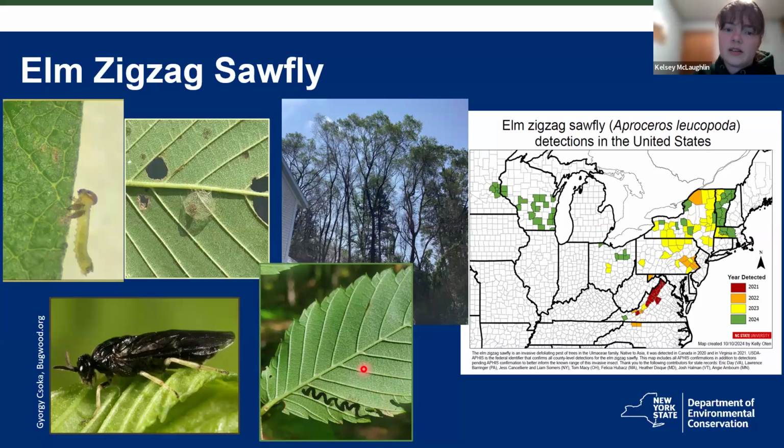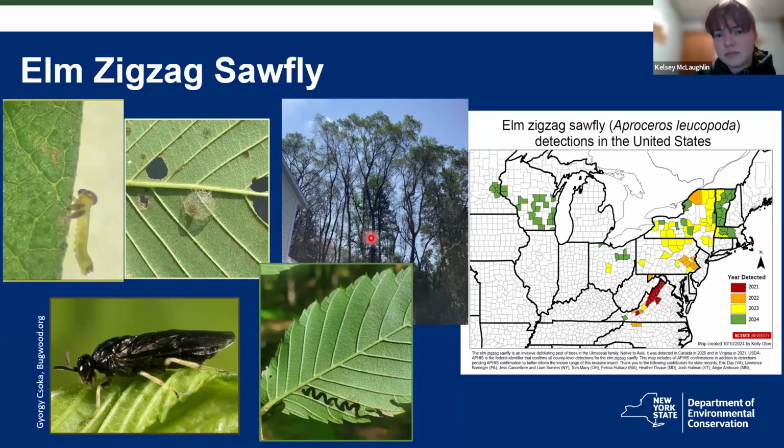And this picture in the center is the most serious defoliation we've seen to date. And this was in Niskayuna. A homeowner reported that all of her elm trees were getting defoliated. We confirmed elm zigzag sawfly.